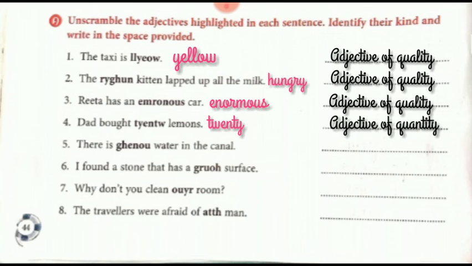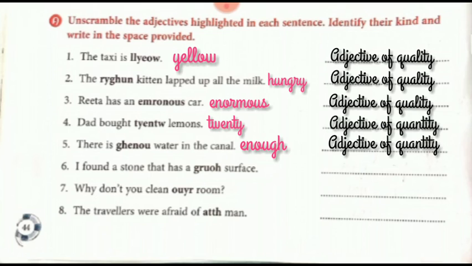Fifth one, there is dash water in the canal. What word is that? Enough. There is enough water in the canal. So enough, some water, do you remember? Some water in the bottle, enough water in the bottle. All these are adjectives of quantity.